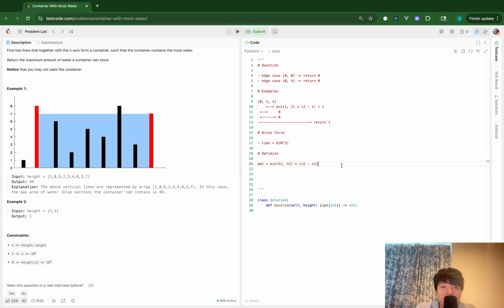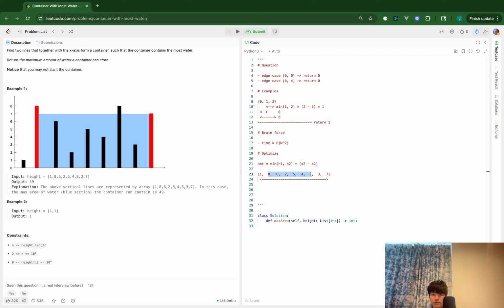Let me use this example. From the x2 minus x1 perspective, this is the largest, and from the min(h1, h2) perspective, I should choose here to here, 8 to 8.